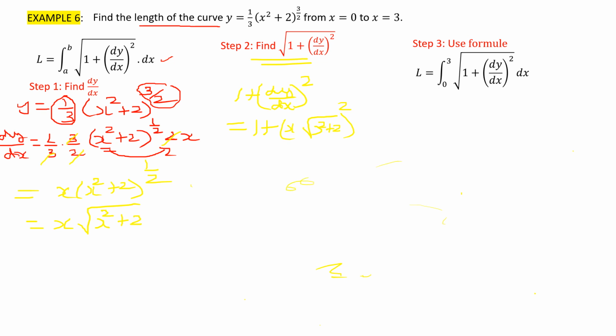So this is equal to 1 plus x power 2 times (x power 2 plus 2), because the square root and the square cancel.